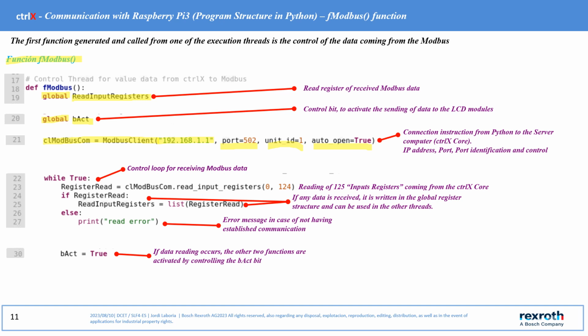In this example, we are using 225 read registers, which later we will see how it is defined. In any case, these registers from the Modbus are written to the global variables defined above. Subsequently, the control bit that allows the activation of the rest of the execution threads is activated.